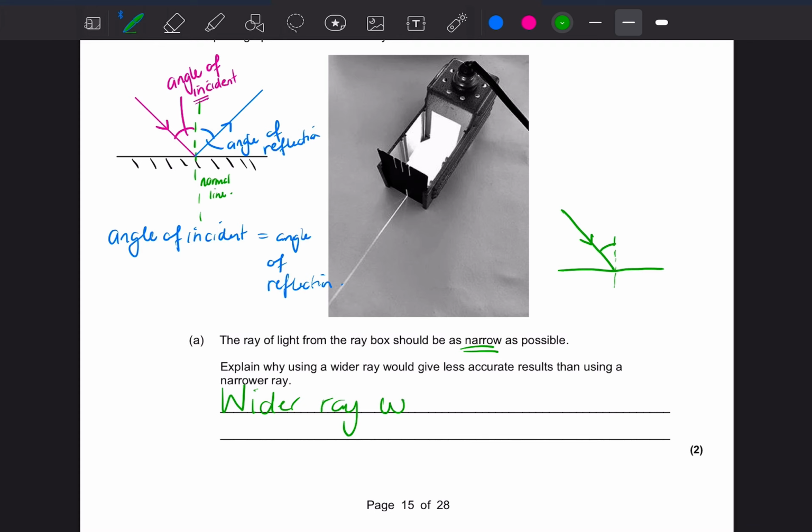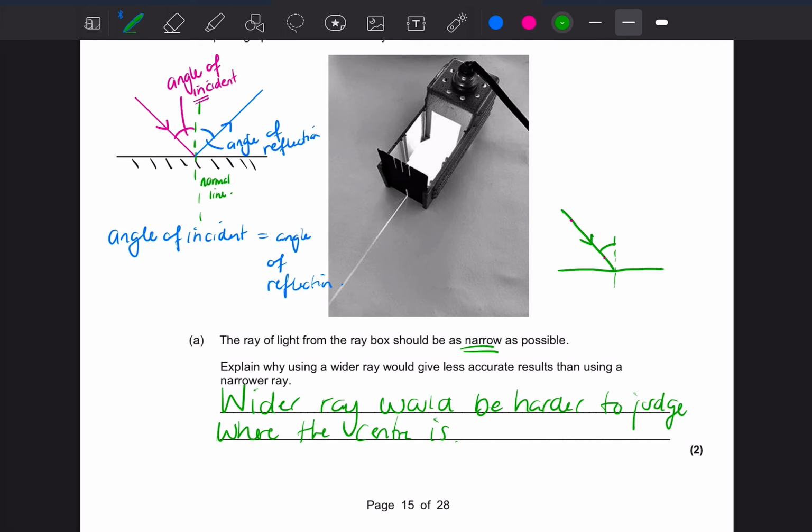Wide ray would be the harder to judge where the center is, because when we do this experiment, you have to draw the lines. So in order to do those lines, you end up putting some dots and connecting rays. I'm going to show you that in a second when I talk about the practical.